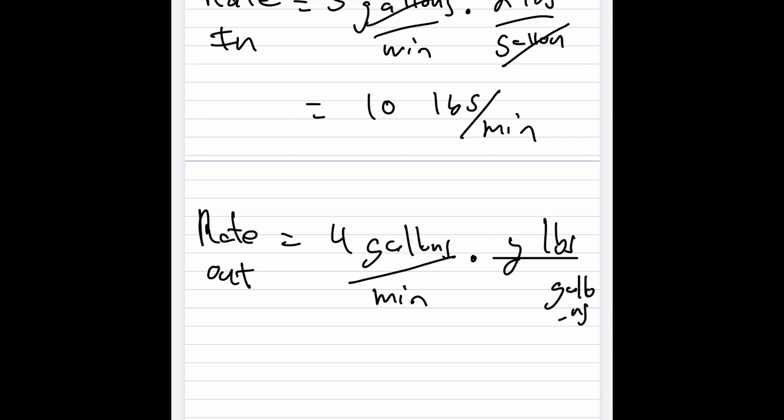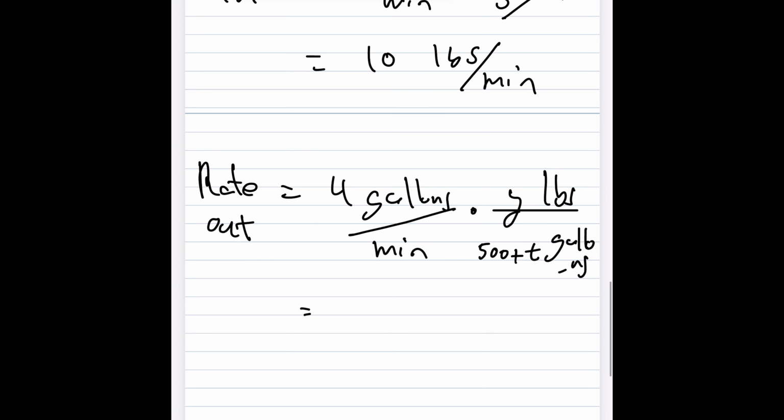So you have 500 plus t gallons of liquid in there. If you multiply again, with cancellation of units, you have pounds per minute, in this case 4y over 500 plus t pounds per minute. That would be your rate out.